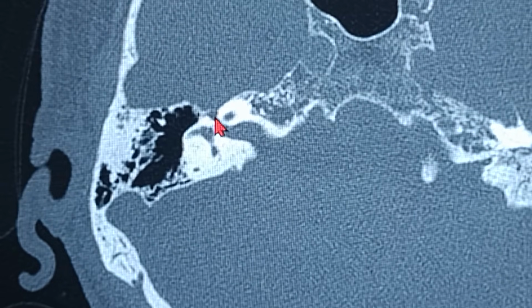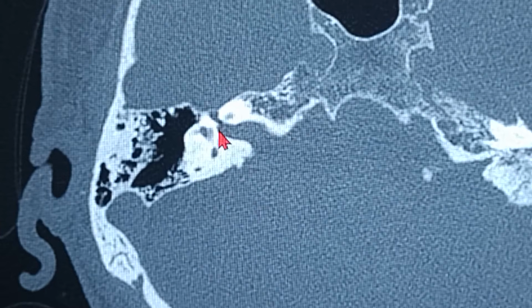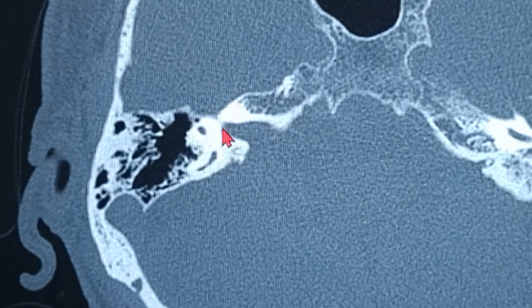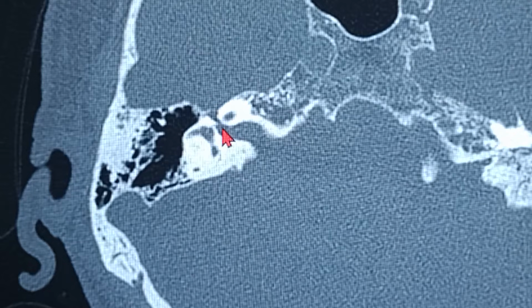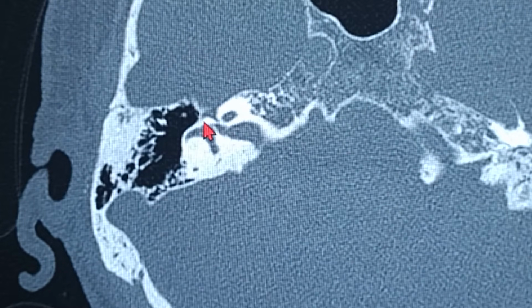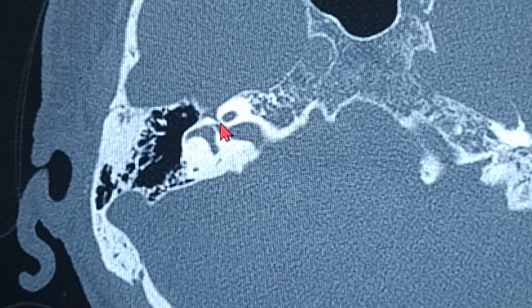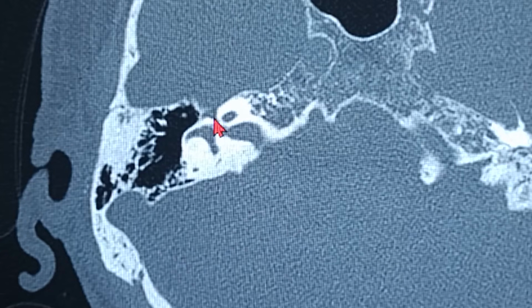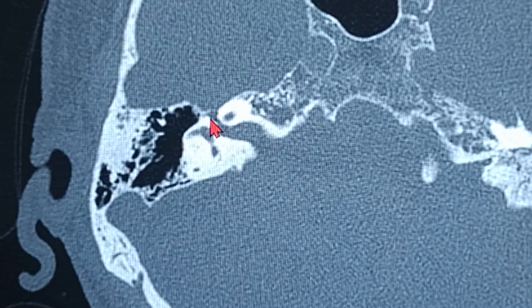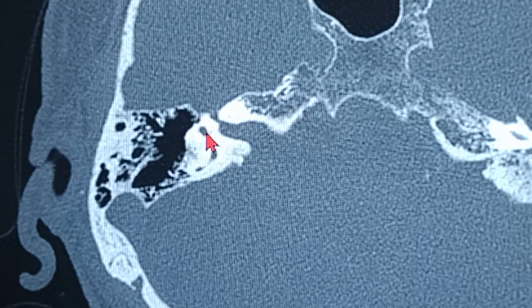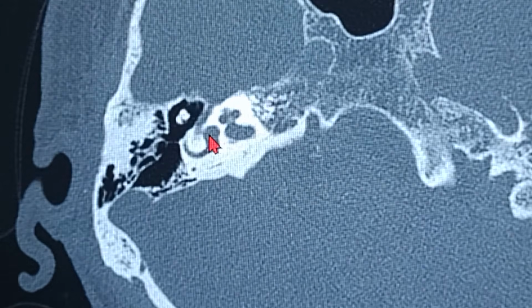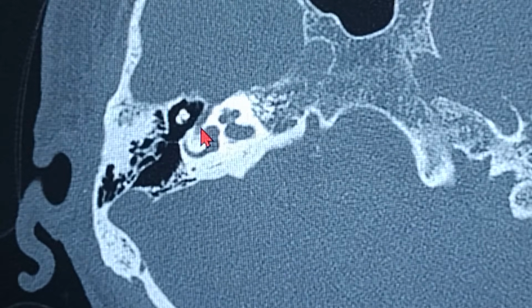You can see this structure over here, that's the labyrinthine segment of the facial nerve. That's the first genu of the facial nerve, and it continues as the tympanic segment. You can see that's the tympanic segment of the facial nerve.